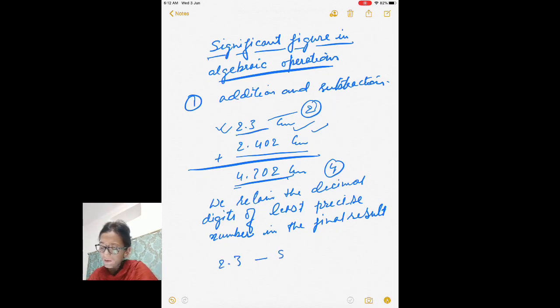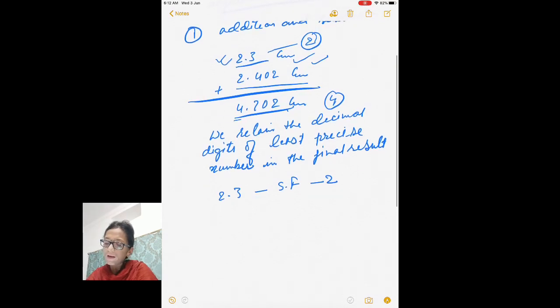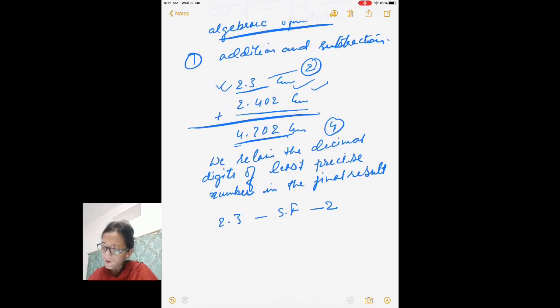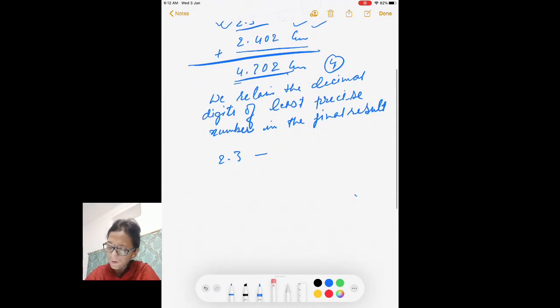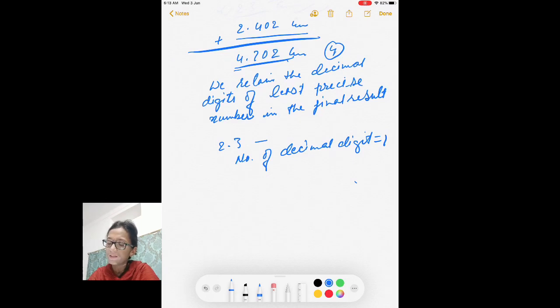2.3 has 2 significant figures, but here we retain decimal digits, not significant figures. In addition and subtraction, the number of decimal digits is 1. So the final result should also contain only one decimal digit.